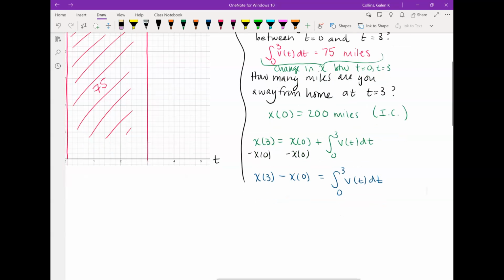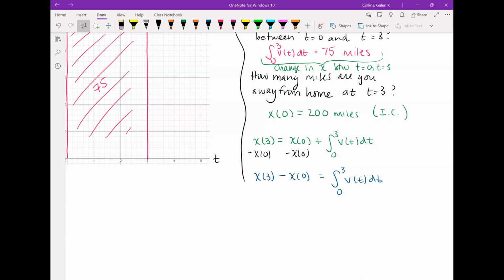So, in short, what we see is that for this definite integral, we can take the antiderivative of v. I'm going to write down here, x is the antiderivative of v. And once we find the antiderivative, we can evaluate it at the boundaries or the limits of integration and then subtract.